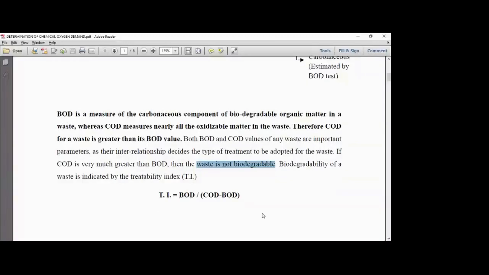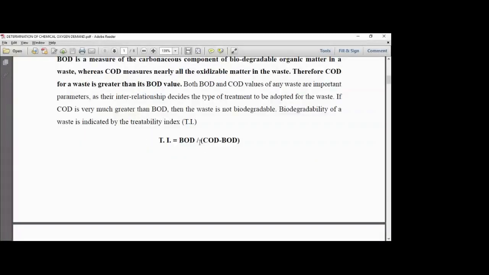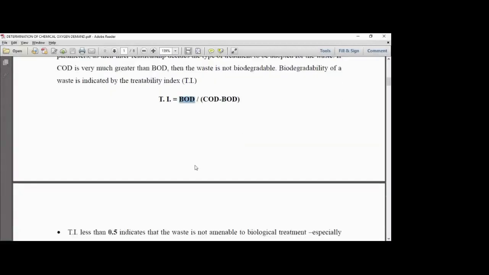So let's understand what kind of treatment is given with the help of the TI value, right? If my TI value is less than 0.5, what will it mean? If it is less than 0.5, that means the TI value is less, and we have already seen that if the TI value is less, the waste is not biodegradable.